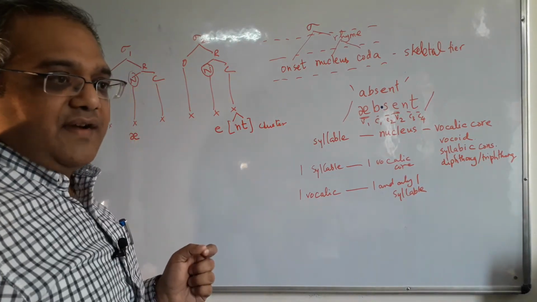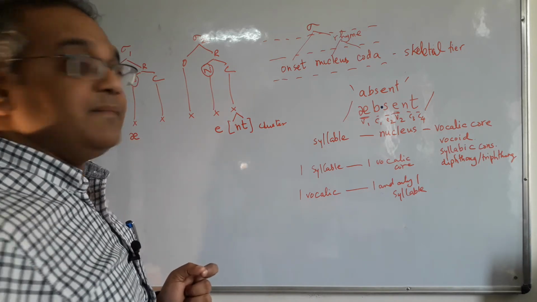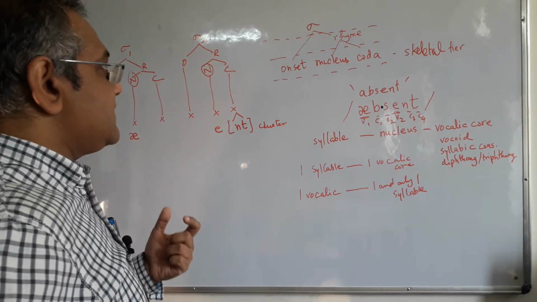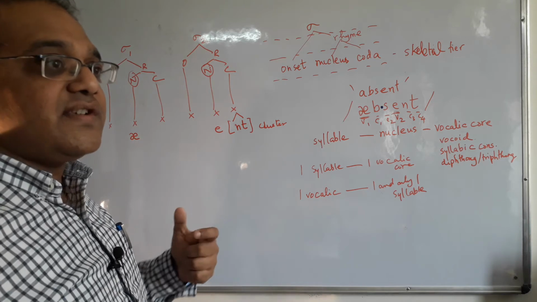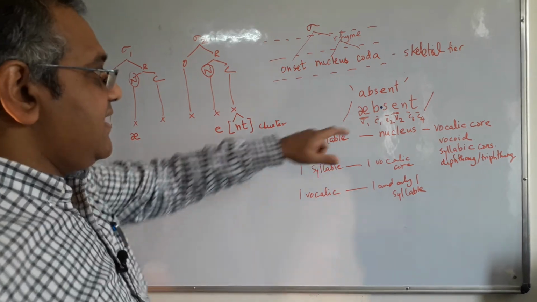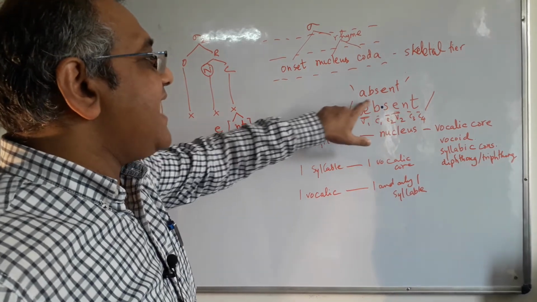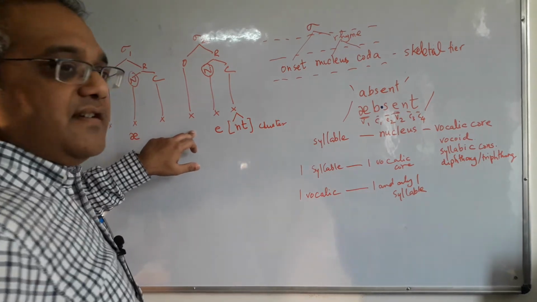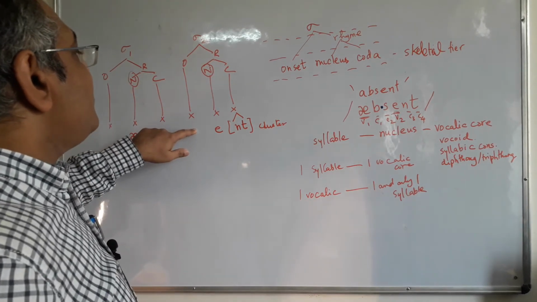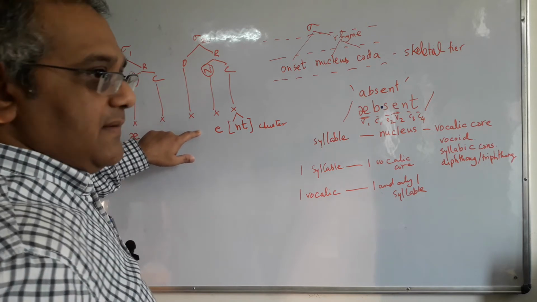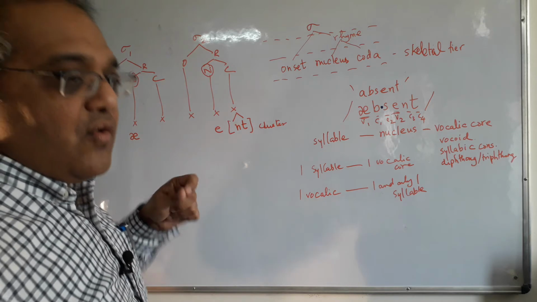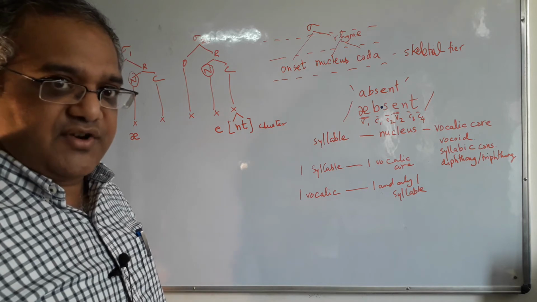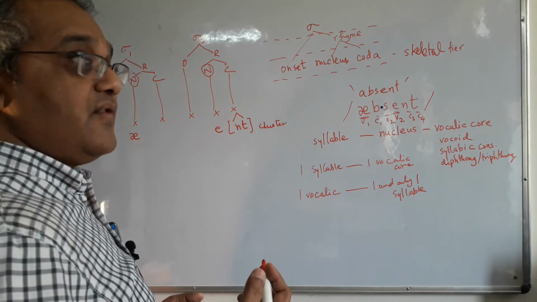Well, there is a rule that defines this. This is called the maximal onset principle, which says that the intervocalic consonants, those between the vocalic segments, are maximally assigned to the onset of the syllable, unless, of course, it violates some structural and configurational parameters of the pronunciation of the word.